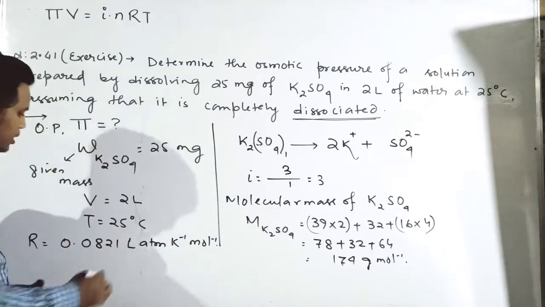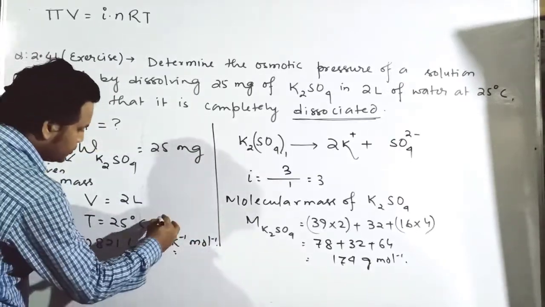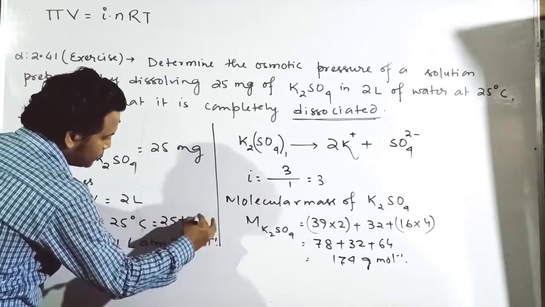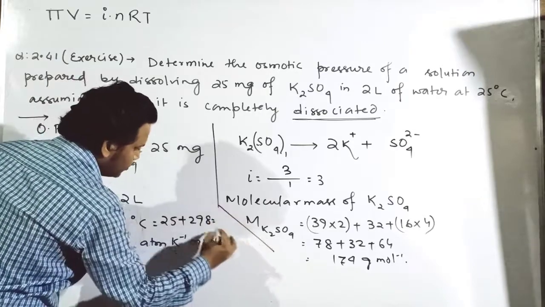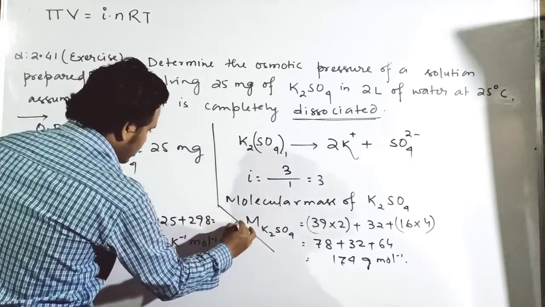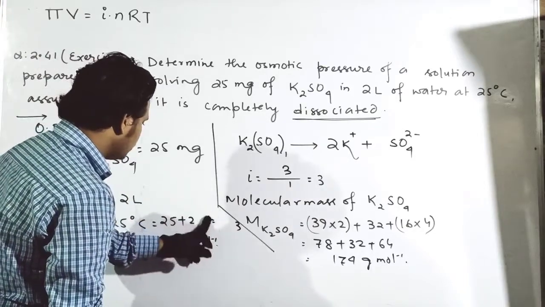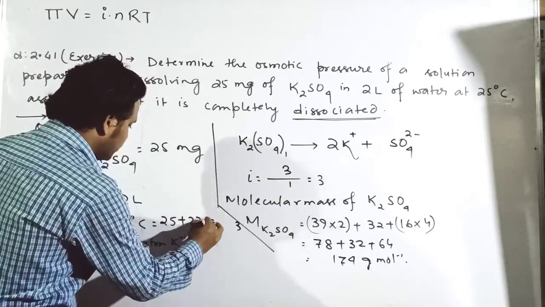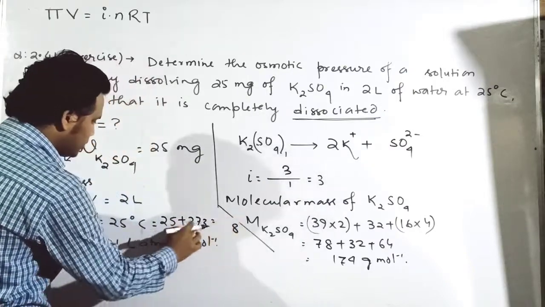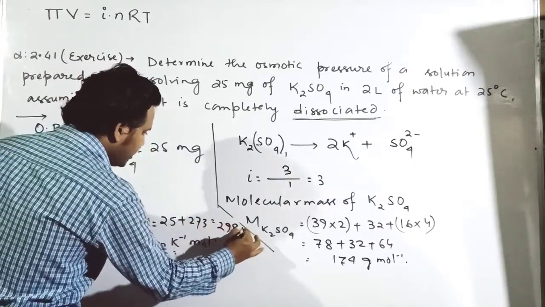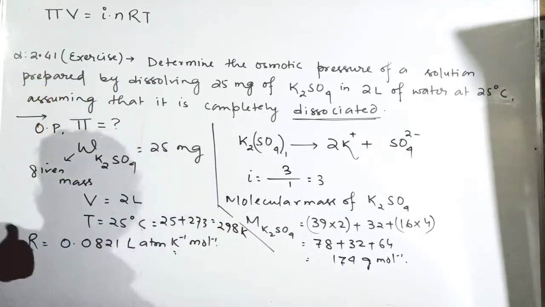Temperature, convert it into Kelvin, because in Kelvin we generally use 273 plus 25, which is 298 Kelvin.